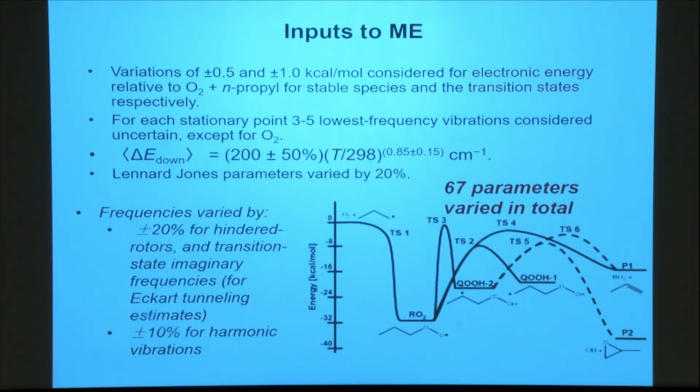Frequencies, plus or minus 20% for hindered rotors, and the imaginary frequencies related to tunneling corrections, and 10% error for harmonic vibrations. And then we've also got a plus or minus 50% in the pre-exponential factor for the delta E down model, and 20% variation in the Lennard-Jones parameters. These are all estimates, to be fair. So even when you're propagating uncertainties, expert judgment goes into the level of variability that you're going to propagate.